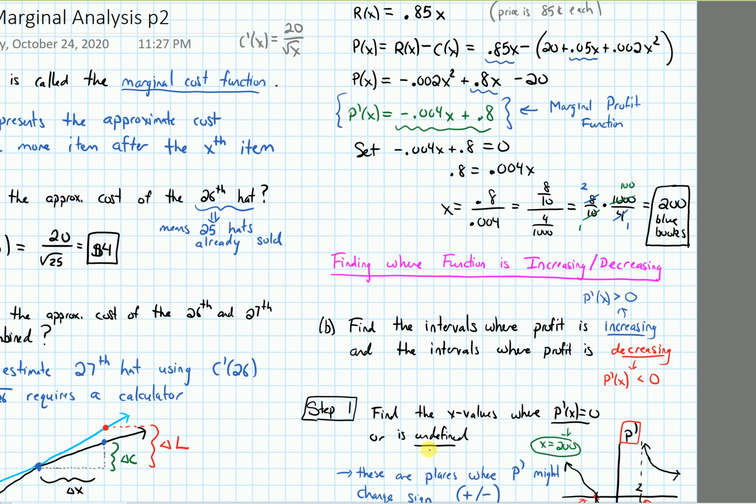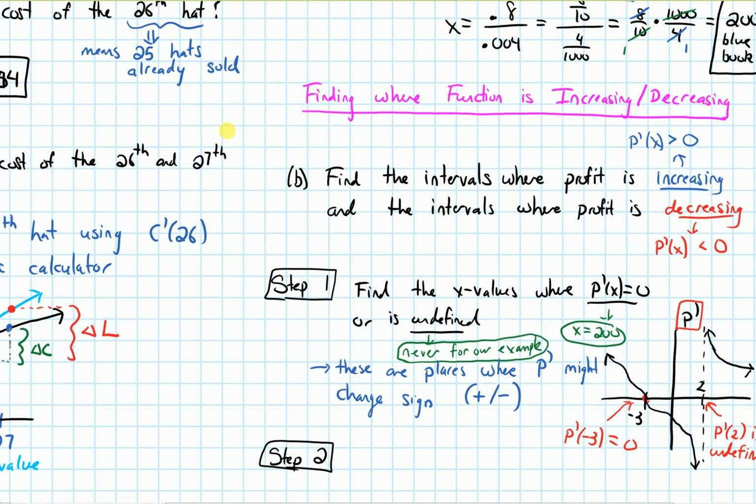So when is it undefined? This is never for our example. The main situation where that might occur is if we had a denominator in our derivative function, and then we'd think about what values of x make our denominator become 0, because that would make the derivative undefined.